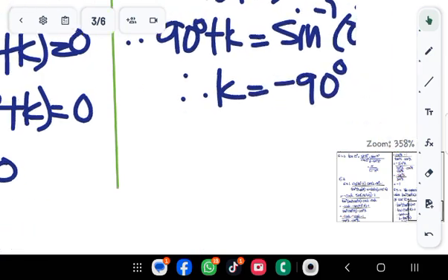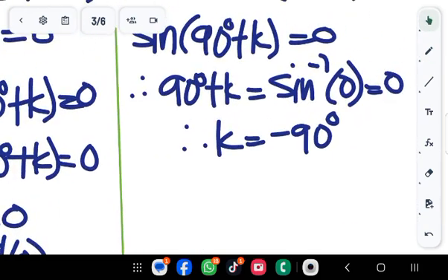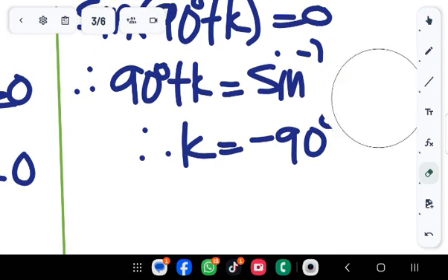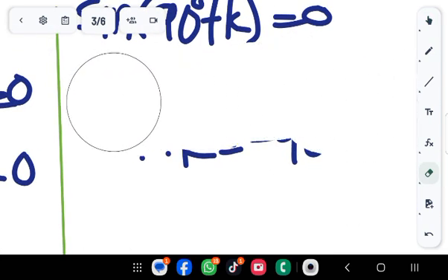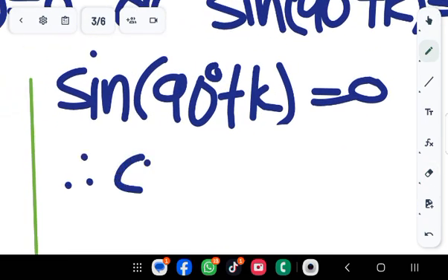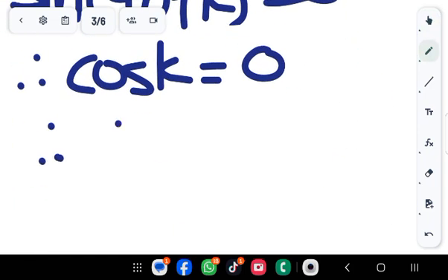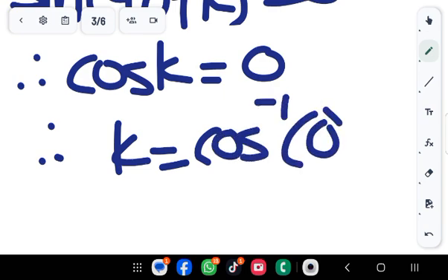And then for the last one, cos of minus k, alternatively cos of k equals 0, meaning that k equals cos to the minus 1 of 0, which is 90 degrees.